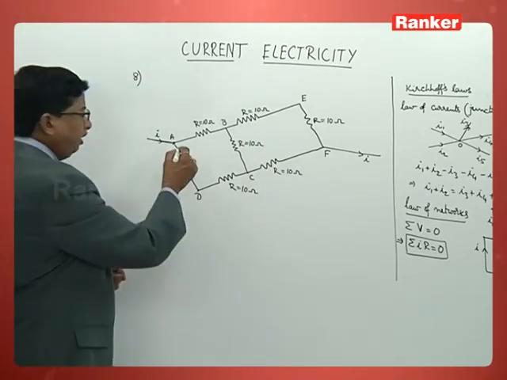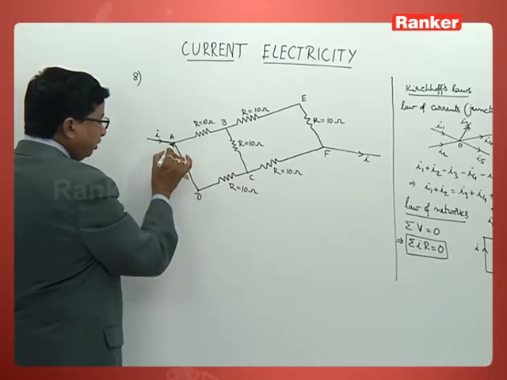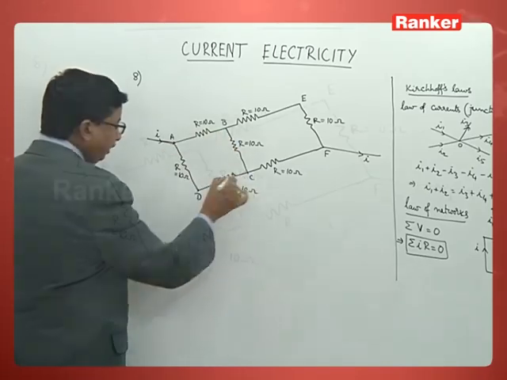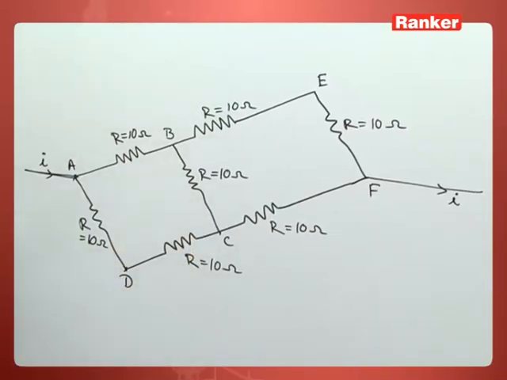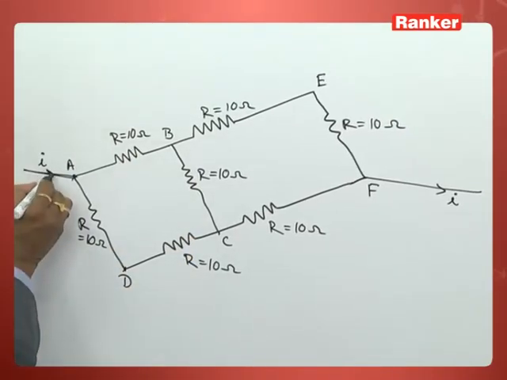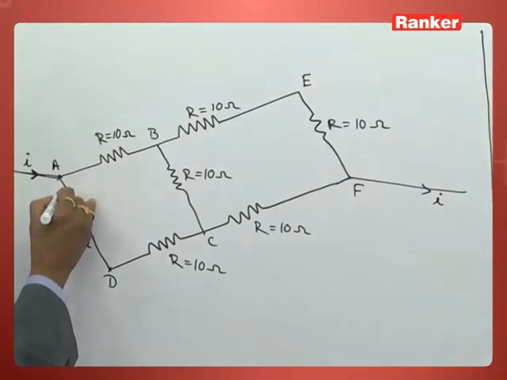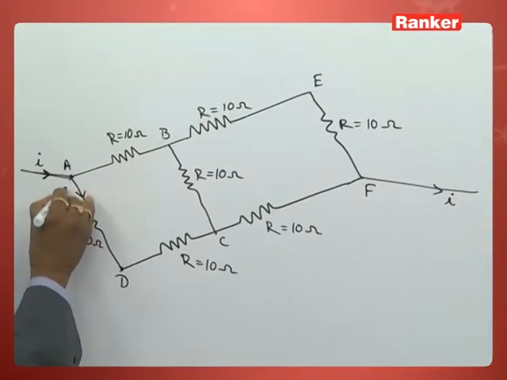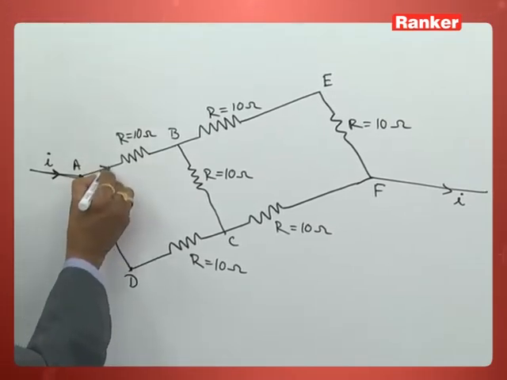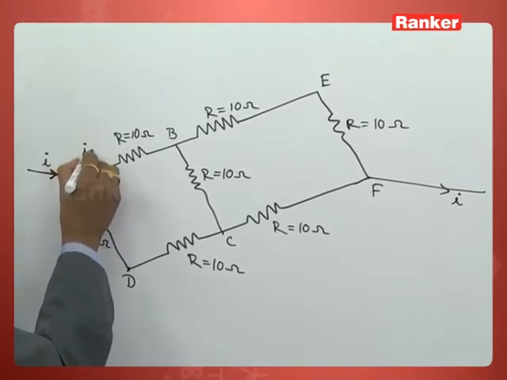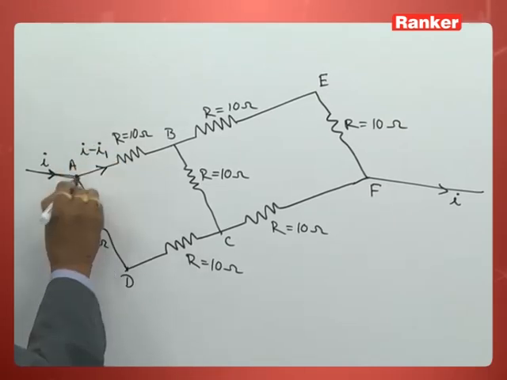Let us first of all see, A, B, C, D, A is a closed network. Let us consider current is entering as I. It is going across this one as I1. Then how much is the remaining current here? I minus I1 is remaining.